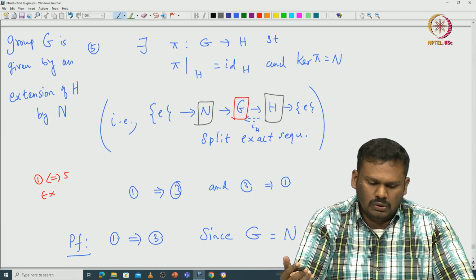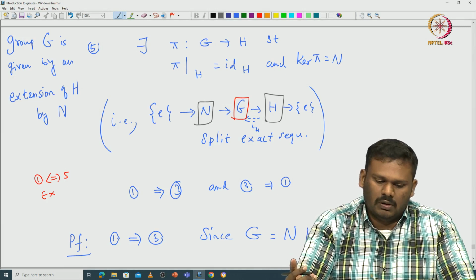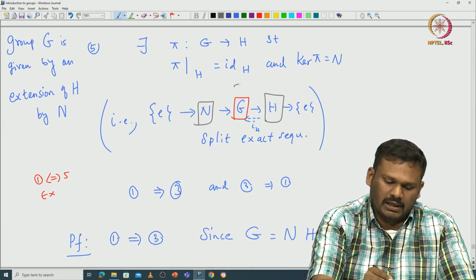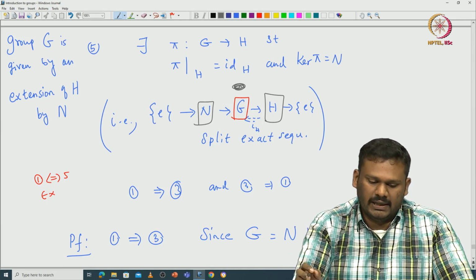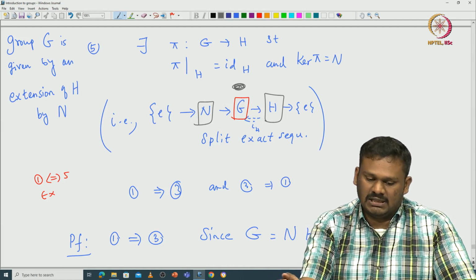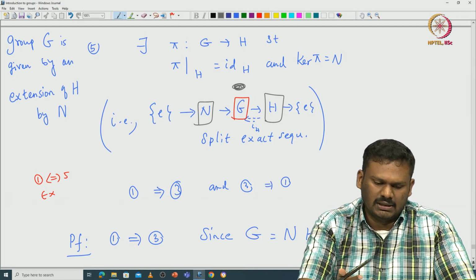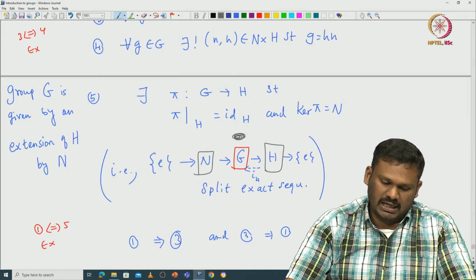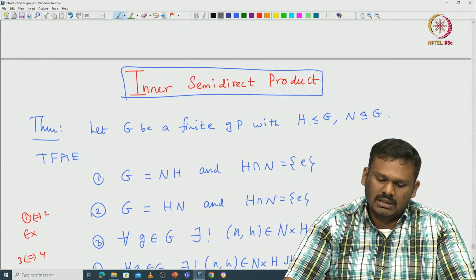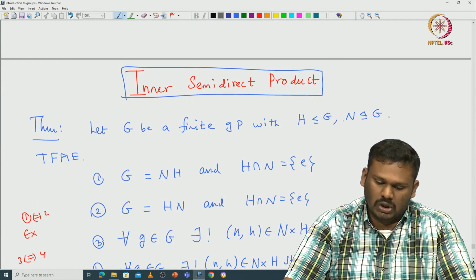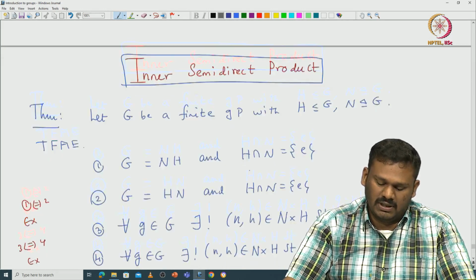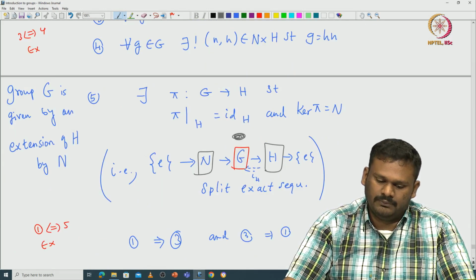So what you want to do is somehow find some group in the middle, so that this becomes a split exact sequence. If you construct something like that, then that group will satisfy these properties: H and N become subgroups of it, such that H is a subgroup and N is normal, and G will be NH and H intersection N is trivial. All these conditions will be satisfied.